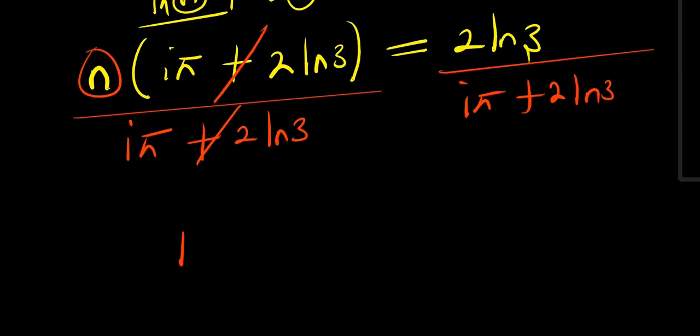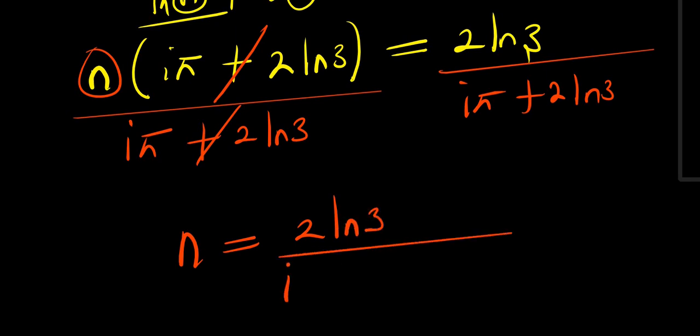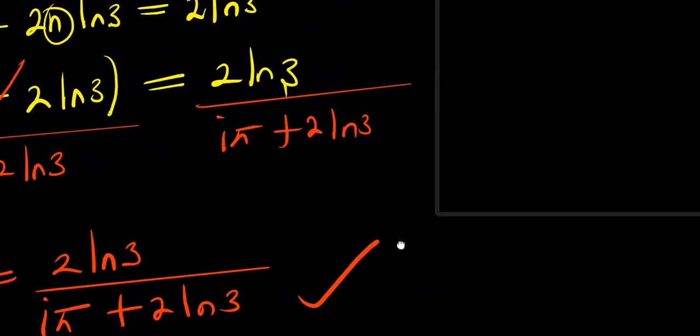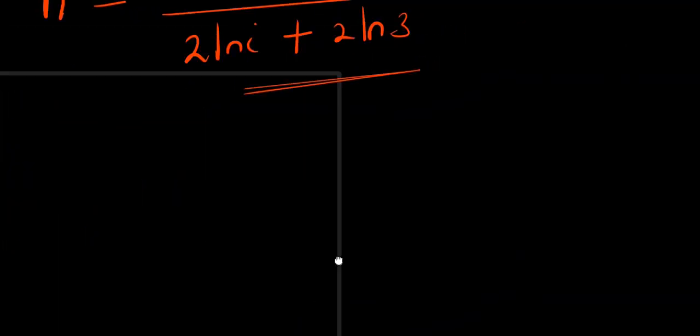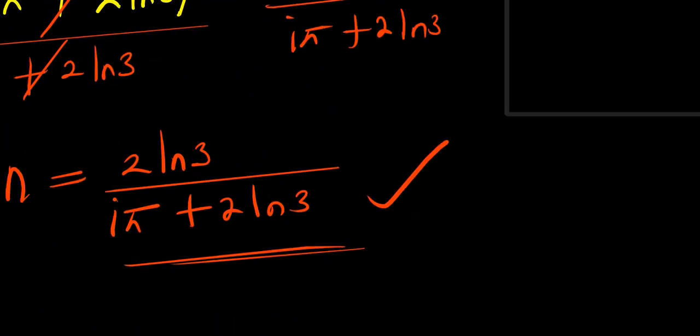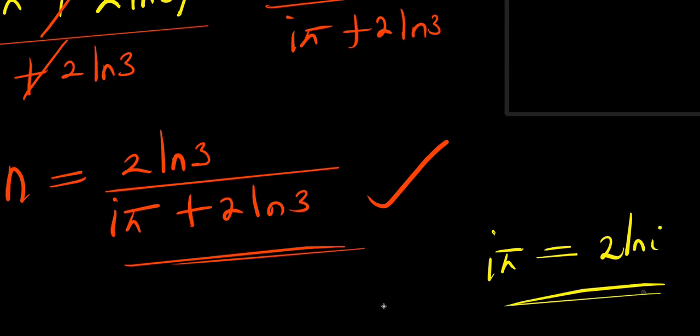I also have n equals 2 times natural log of 3 divided by i times pi plus 2 times natural log of 3. This also is correct, just like the first one that we had here. Here is i times pi, so it's obvious we have i times pi.